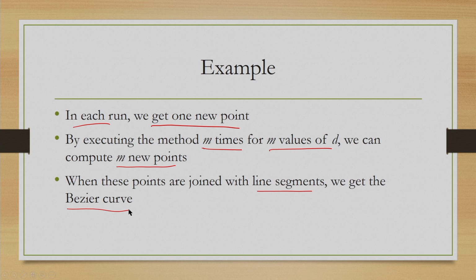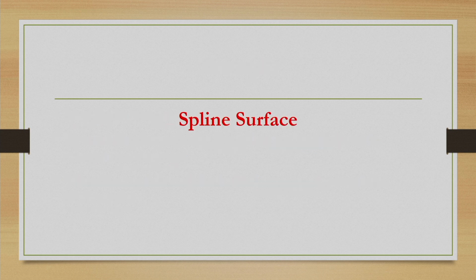Here it has to be noted that we get a particular curve, not all spline types. So, this algorithm actually refers to creation of a Bezier curve, which is an approximating spline. We can execute the algorithm m times to get m points on the Bezier curve. So, that is how we can get the points and create the curve.